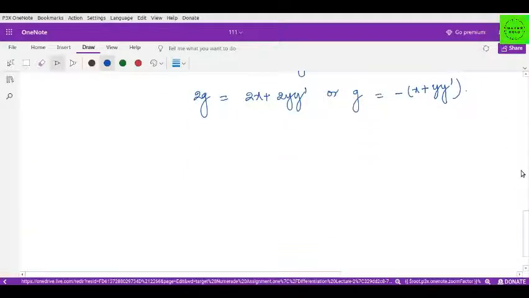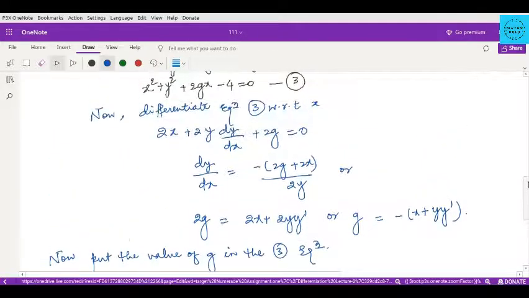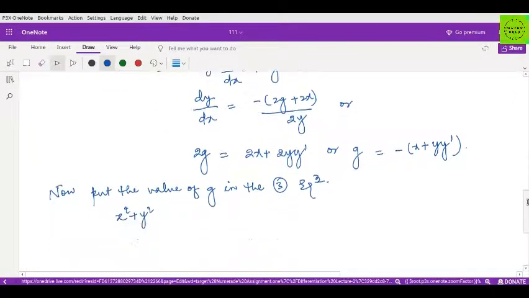So further in the lecture, we now put the value of g in the third equation. As we have obtained g here, it will be x square plus y square plus 2gx minus 4 equals 0.